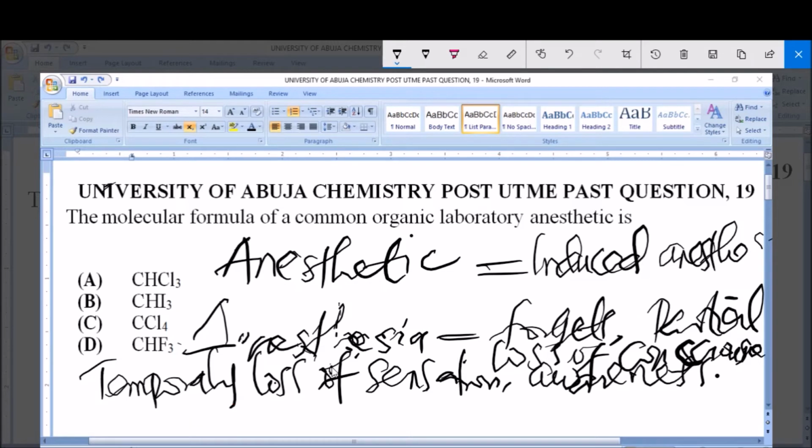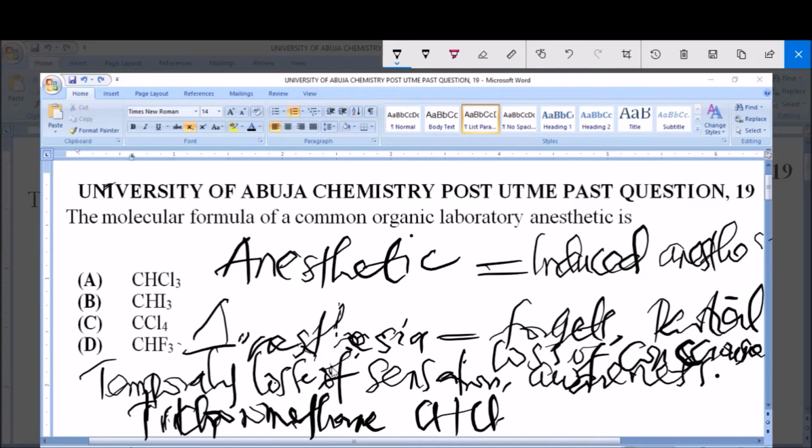That's anesthesia. Now, these drugs or substances that are used to induce the temporary loss of sensation or awareness are referred to as anesthetics. Examples of anesthetics are trichloromethane, that's CHCl3.